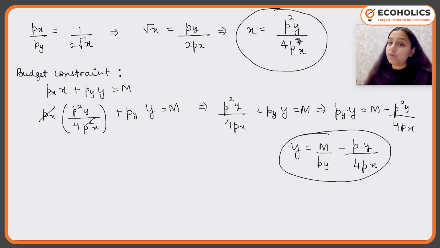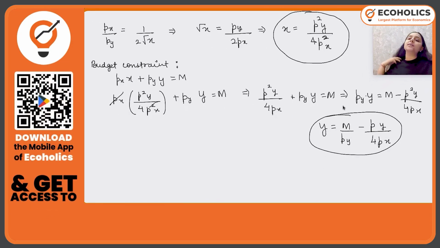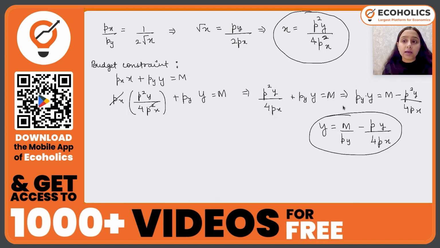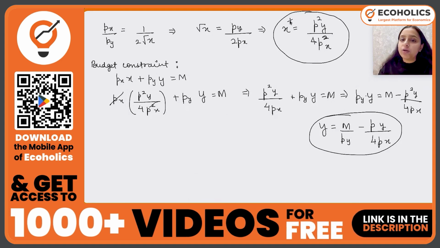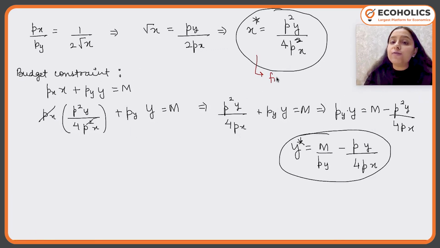So I have got the value of x, I have got the value of y. So the optimal values of x and y should be in terms of prices and income. Now this is optimal value of x, this is optimal value of y. One very important thing to notice here is x is free from M. M is my income. It is free from M. So what will be the elasticity of x with respect to income?